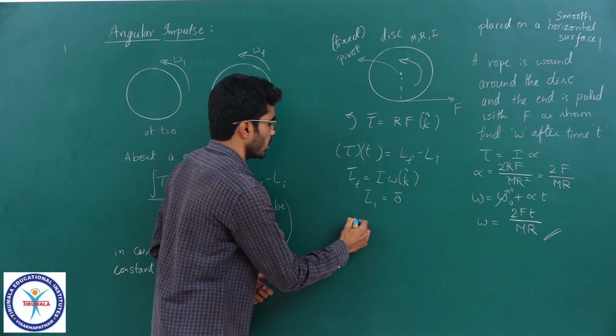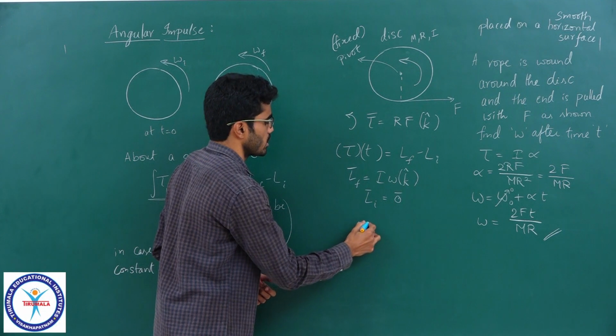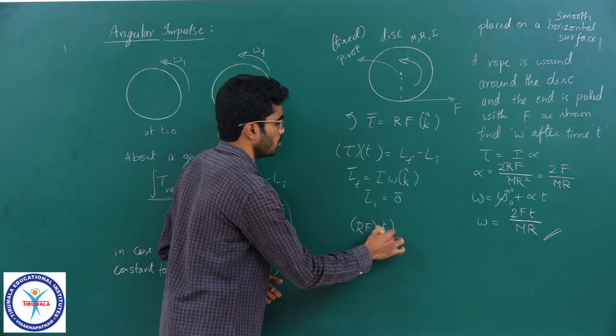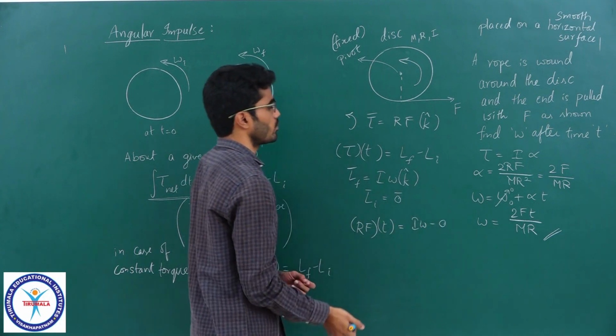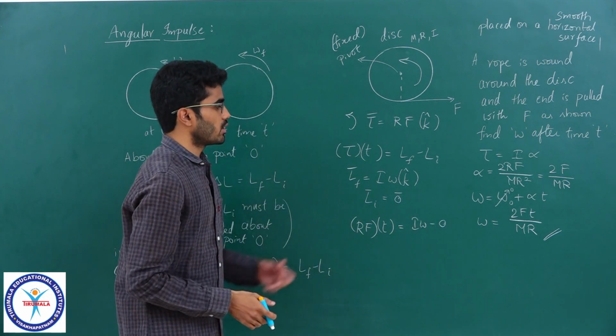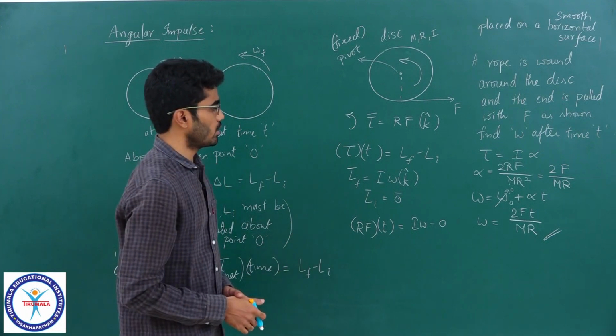From this we can write the torque here, it is again R f into the time equals I omega minus 0. I have eliminated the unit vectors here because they are all plus k cap.